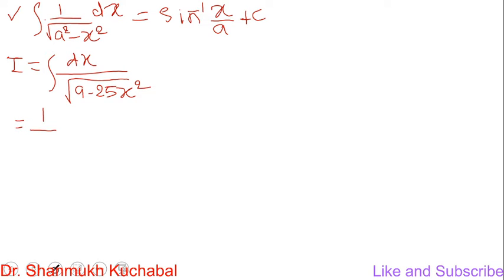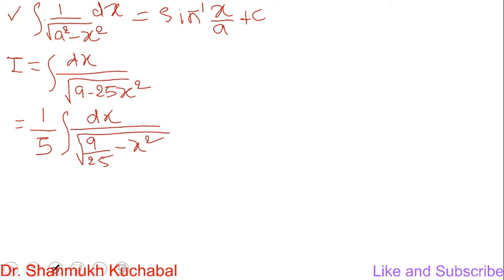Root of 25 outside will become 5, since it is a perfect square, so we get 1 divided by 5. The numerator has no change, dx. In the denominator, taking 25 common, it becomes 9 by 25 minus x square.